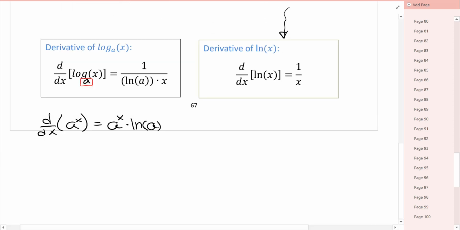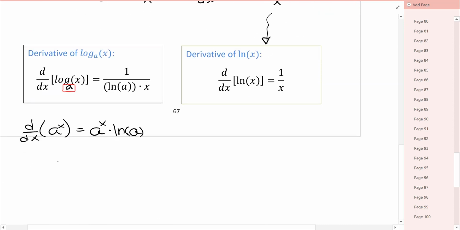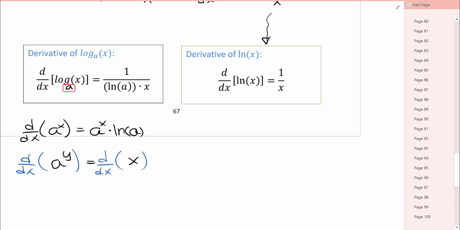So if you just do the same exercise, start with a to the y equals x, and go d by dx. You get a to the y times the ln of a times y prime equals 1.